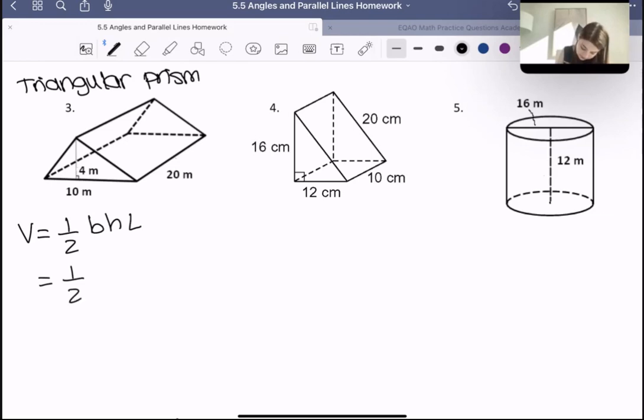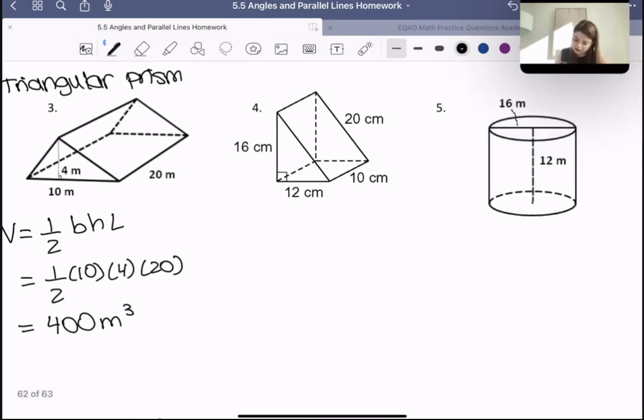Our base is 10 and our height is 4 and the length is 20. So therefore we're going to have 10 times 4 times 20, which is 800, divided by 2 is 400, so 400 cubic meters.